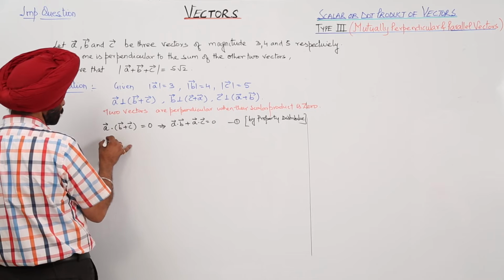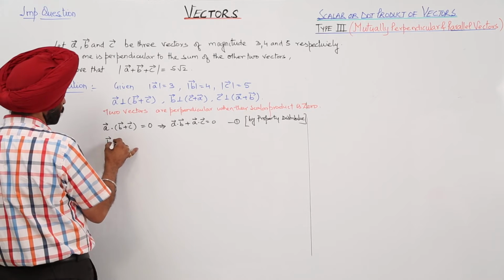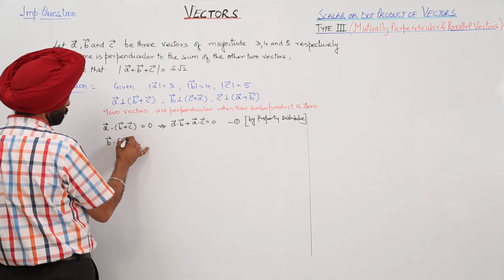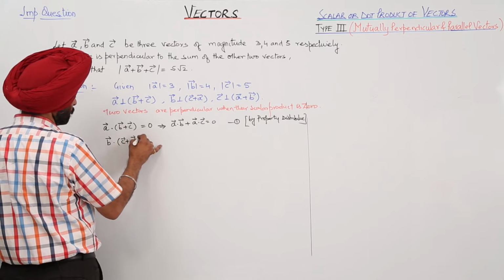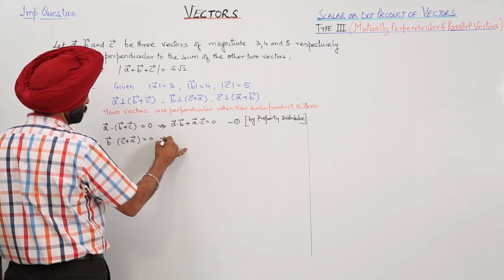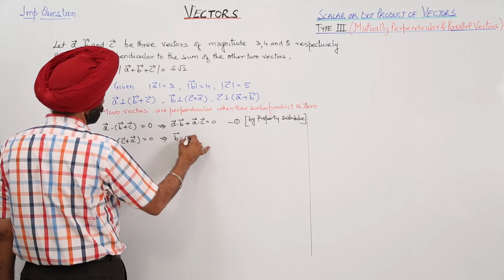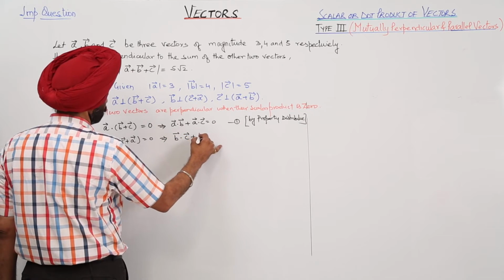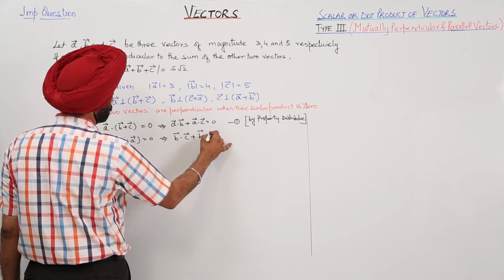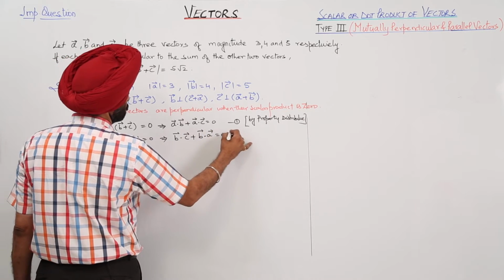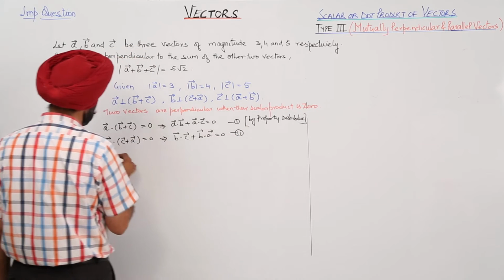For the second case now, vector B dot vector C plus vector A is equal to 0. Now, this implies vector B dot vector C plus vector B dot vector A is equal to 0. Number 2.